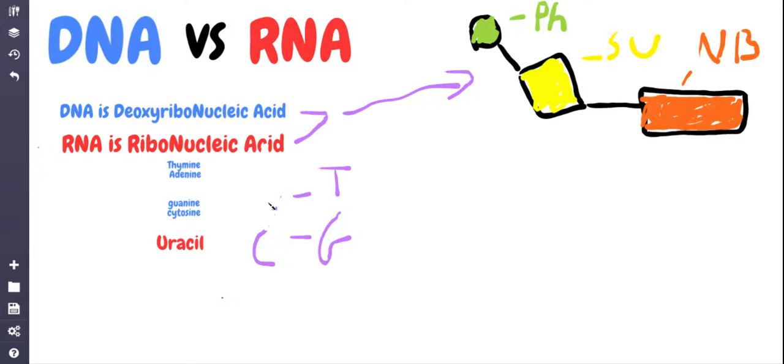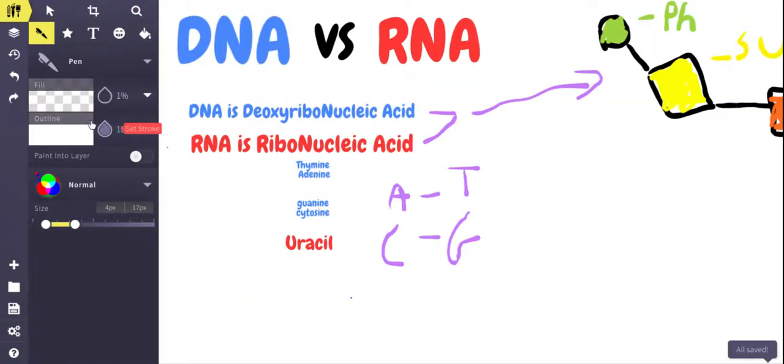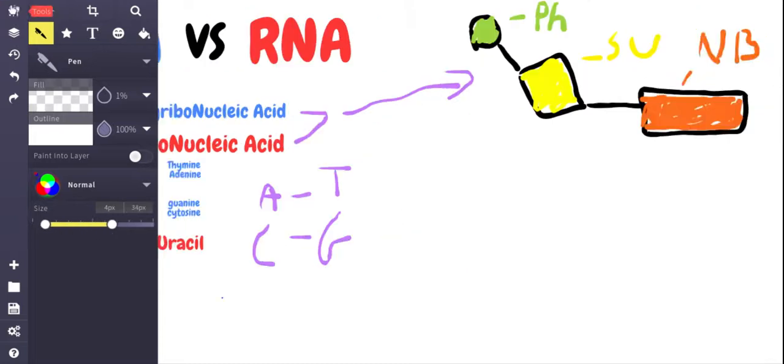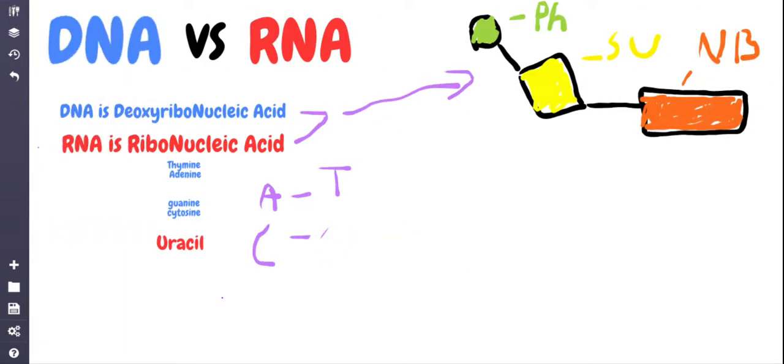What would go with which? I'm gonna erase this part real quick with white. The one question I have is, what would be the base of this strand?